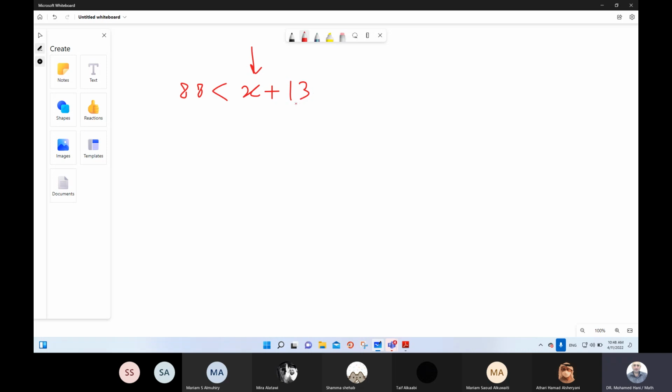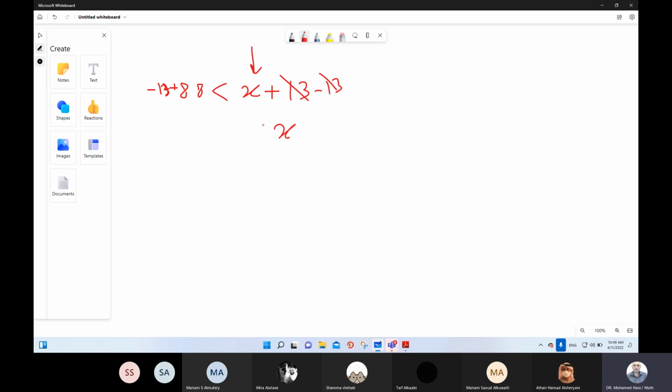How to remove 13? Add the inverse: minus 13 here and minus 13 here. So 13 minus 13 is 0, remains x.